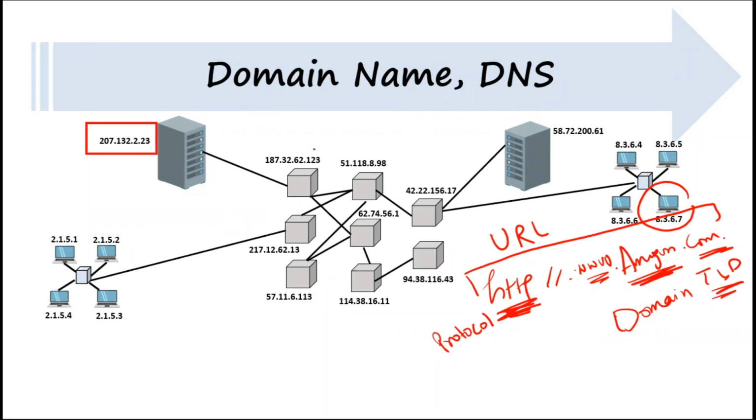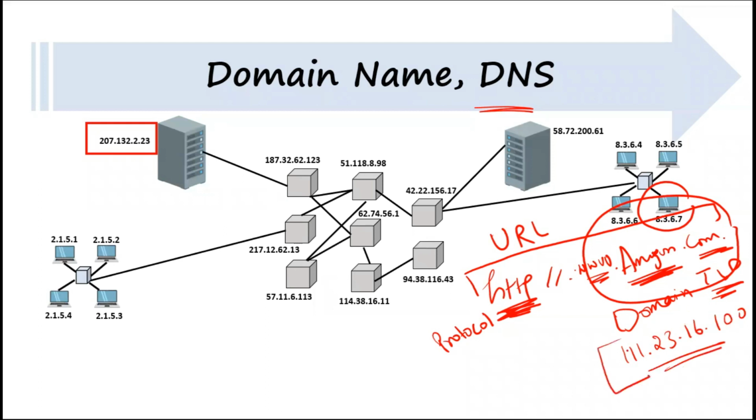So what happens over here is the DNS, the domain name system, converts this name into the IP address associated with this web page. Suppose there is an address 111.23.16.100. This is the address on the internet, the IP address, the unique address.